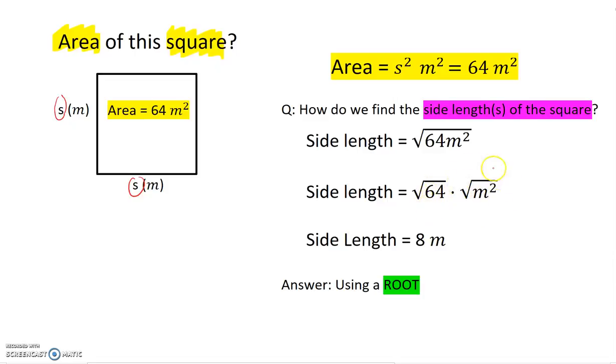And if we want to know the unit, well, square meters, the square root of m squared. Remember, you're thinking about what times itself will give you m squared. Okay, well, in this case, meters times meters. And there we go. Our side length will be 8 meters. How do we find the side length of each square? Well, using a root. All right, there you go.